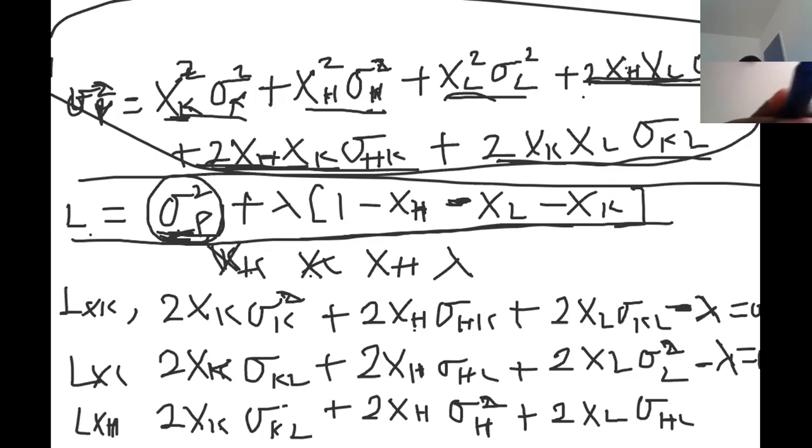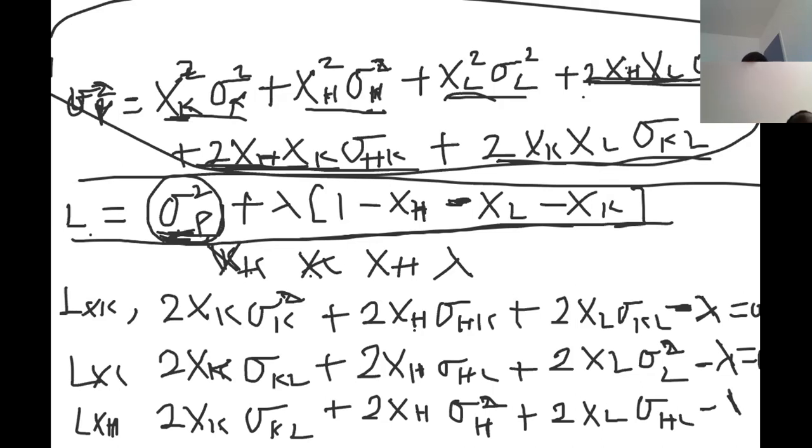Now the last part is when I differentiate with respect to SH, I'm going to have minus lambda, because when I differentiate, I have minus lambda. Okay, let me skip that.